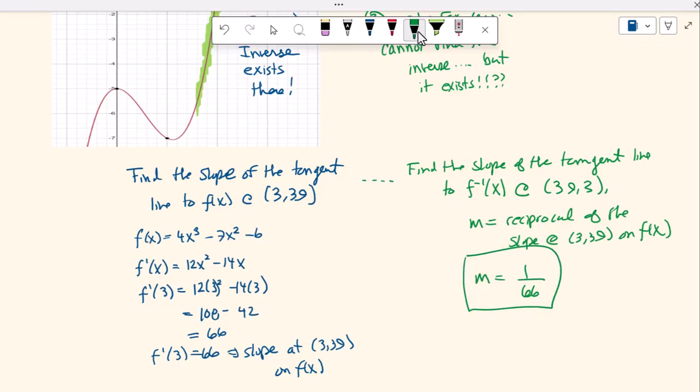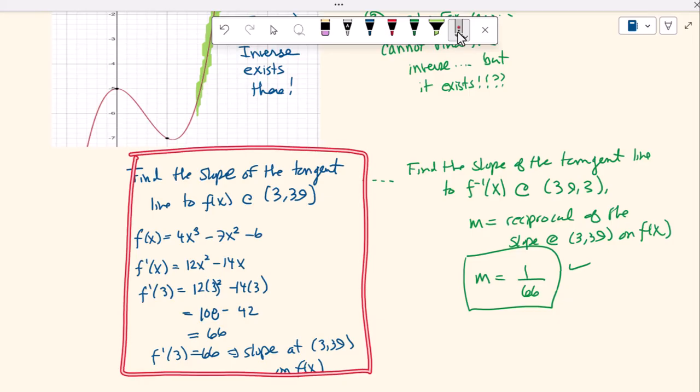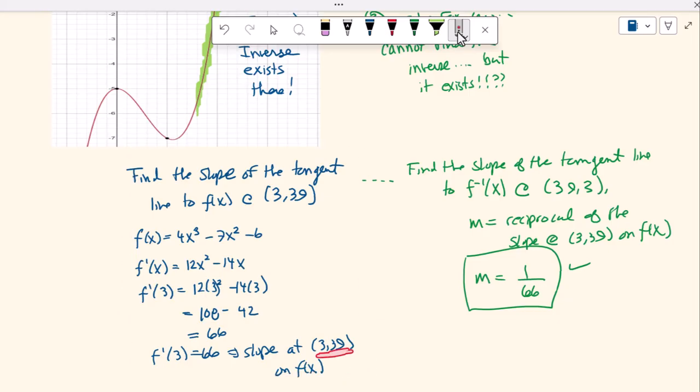Now if we were to graph the function and its inverse, but again, I don't have the function, so it's hard to graph it. I'd have to go point by point, but I could do it. I'd have to look at a lot of ordered pairs, but this is that slope that we'd be looking for. And we don't even know the inverse function, and we were still able to figure out the slope at a particular point using the fact that the reciprocal slope is at the reflected points, (3, 39) and (39, 3): 66 and 1/66.